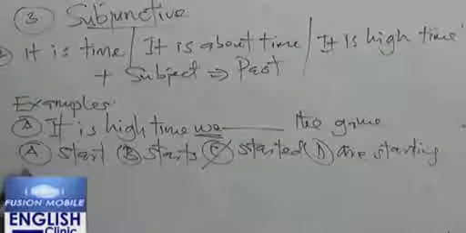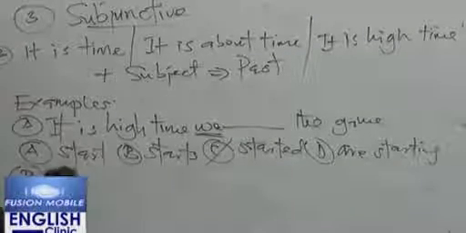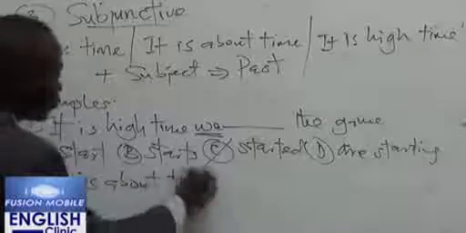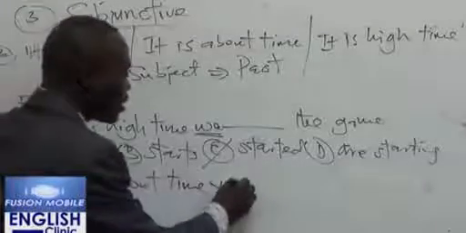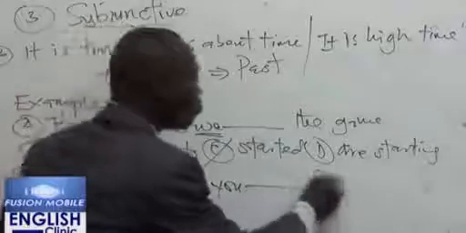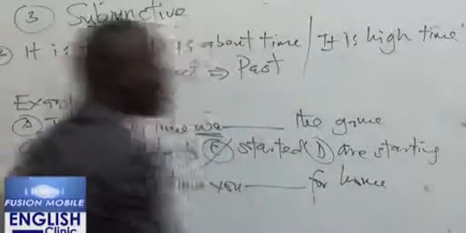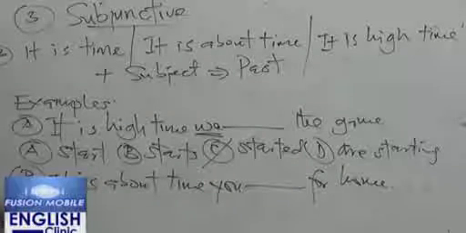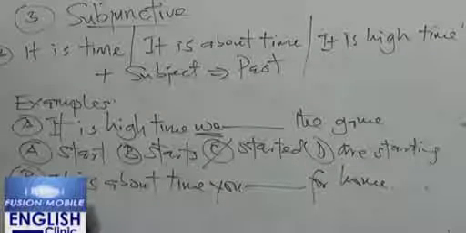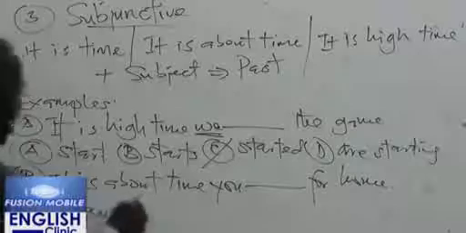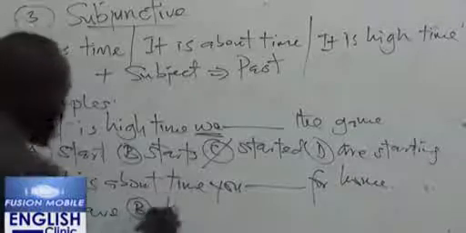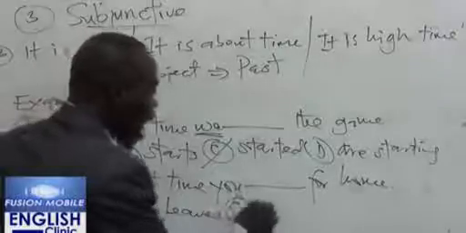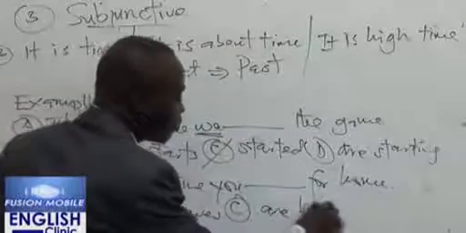Look at another example. It is about time you dash for home. A. We have leave. B. You have leaves. C. You have are leaving.